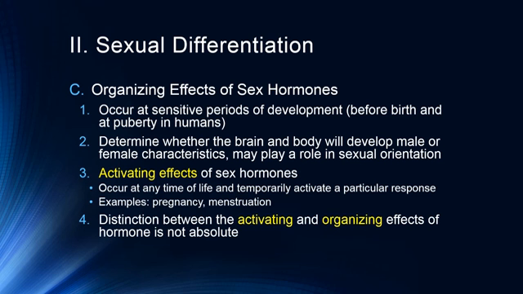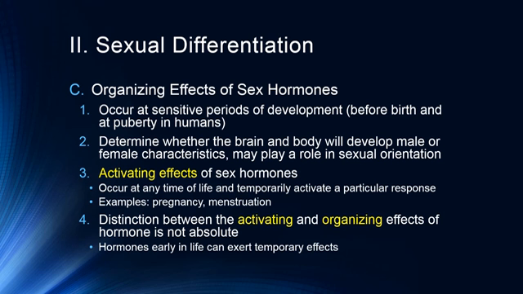The distinction between the activating and organizing effects of hormones is not absolute. When we're trying to think about what causes something like aggression or sexual behavior or any sort of complex behavior, there is the potential that the organizing effects on the developing brain may have had some effects, but also the continuing activation of those hormones may have other effects. This is a very complicated picture that's often difficult to distinguish.